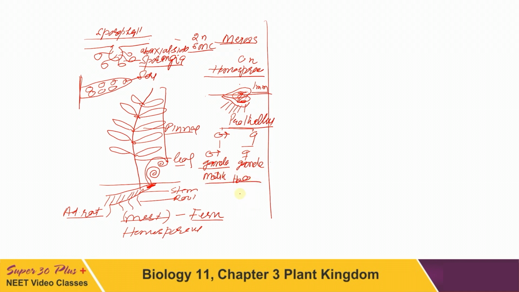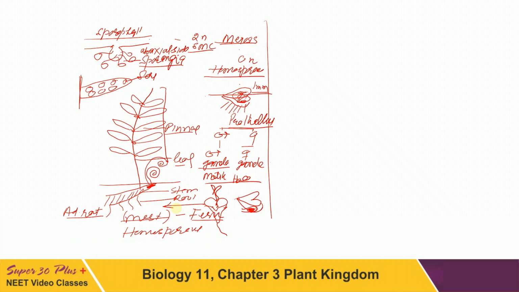Now on the underside of this prothallus, in the archegonium, the zygote will develop. This zygote will divide, the young sporophyte will come out, and this young sporophyte will develop into this. This is the condition in a typical pteridophyte.